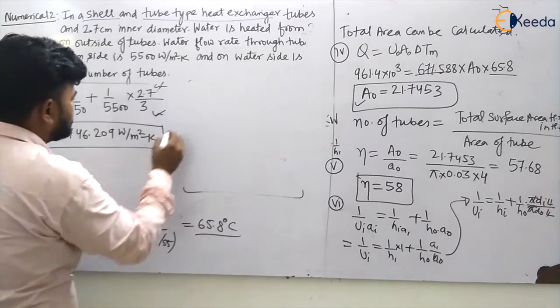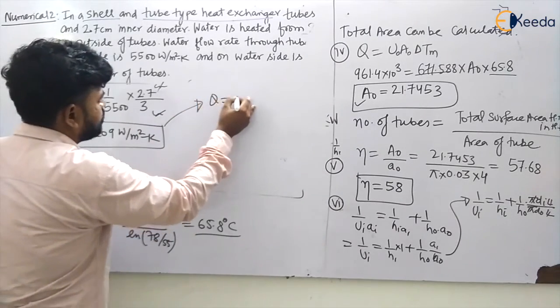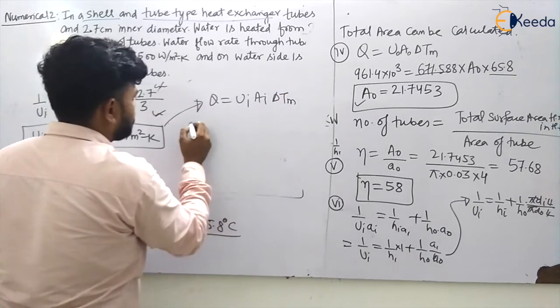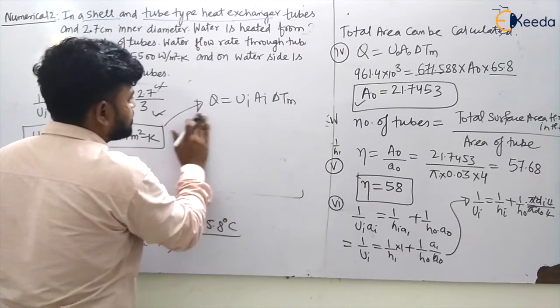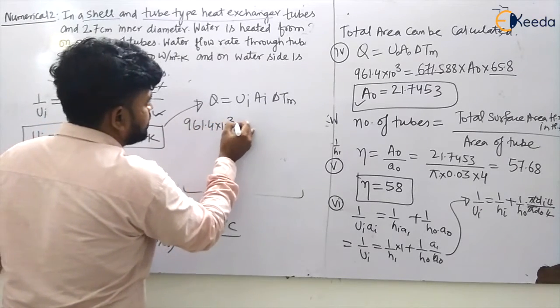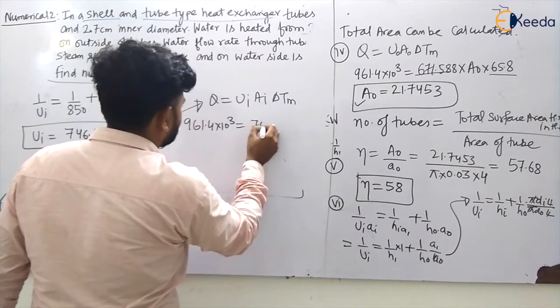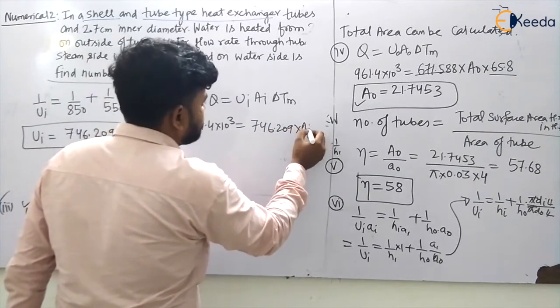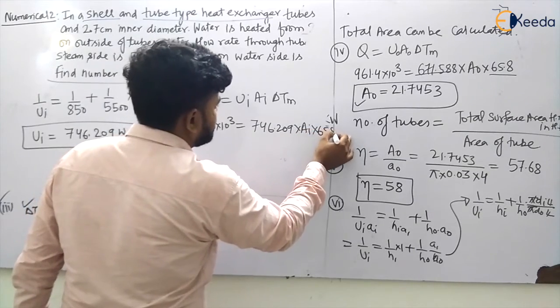So we know Ui. So again I know that Q will be equal to Ui Ai delta Tm. We know delta Tm, put all values. This is how much? 961.4 into 10 to the power 3 is equal to how much? 746.209 into Ai multiplied by delta Tm 65.8.